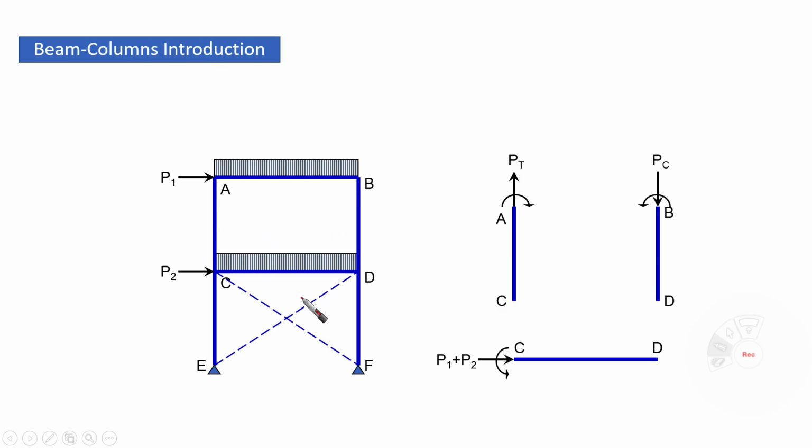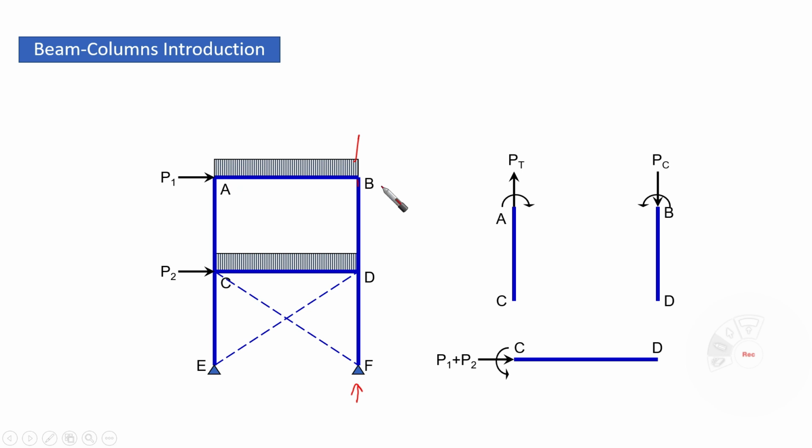In general, when we are talking about frames where we have different elements like columns and beams, we are thinking about the vertical columns as carrying only axial loads. So we are under this perception that vertical elements, the columns, are going to carry only vertical load or axial force.